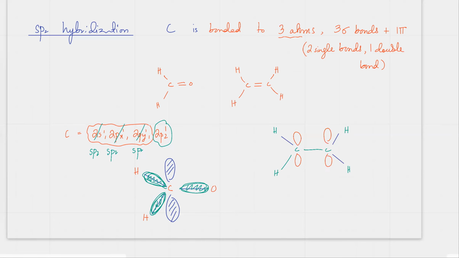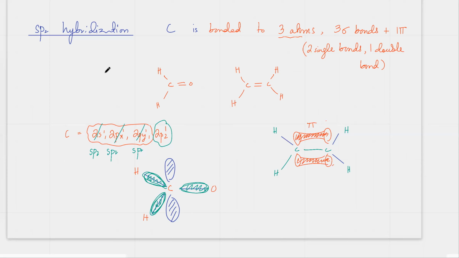When you have two orbitals that are parallel to each other, they end up overlapping with each other and they start forming a pi bond, because remember the fourth orbital also needs an electron. There is room available, so both carbons try to pull each other's p orbital towards themselves, and eventually the electrons start overlapping and they exist in the area somewhere in between the two carbon atoms, and they end up forming a pi bond.